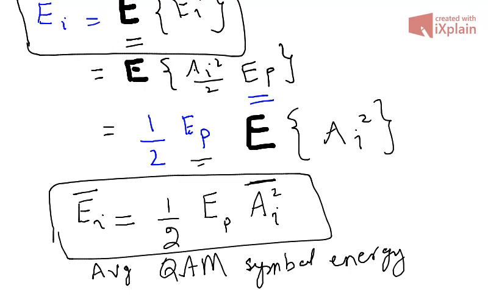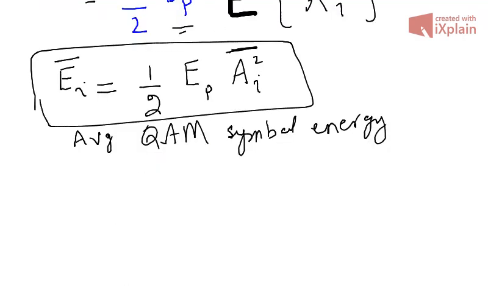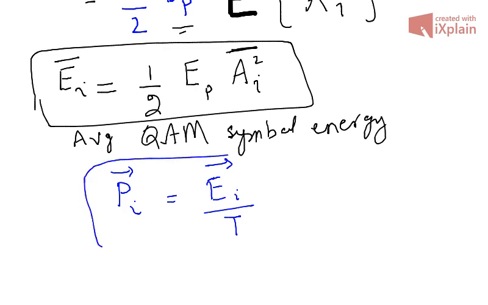Now if you have the expression for the average symbol energy, you can always write the expression for the average power, and we say that our average power can be expressed as the average energy per symbol divided by T. This gives you the average power.